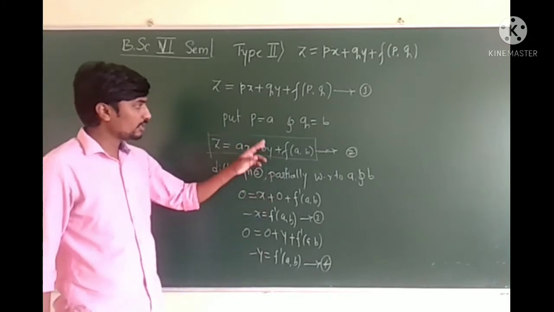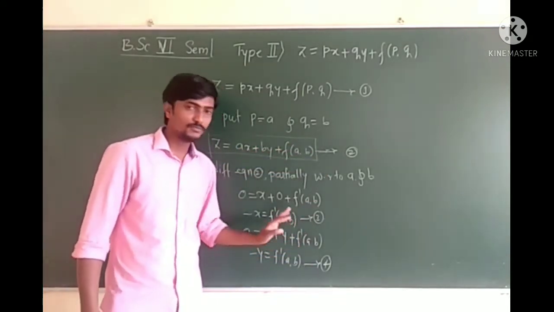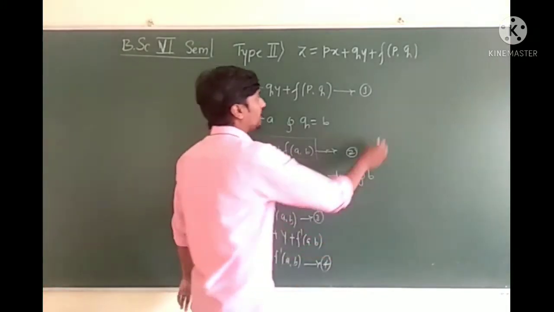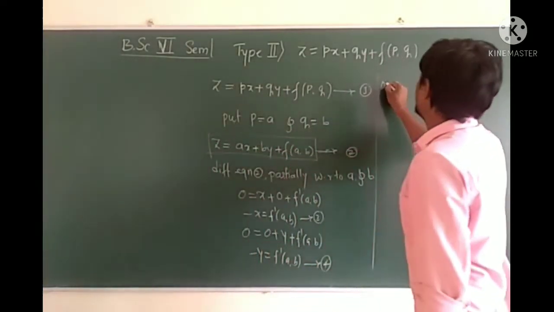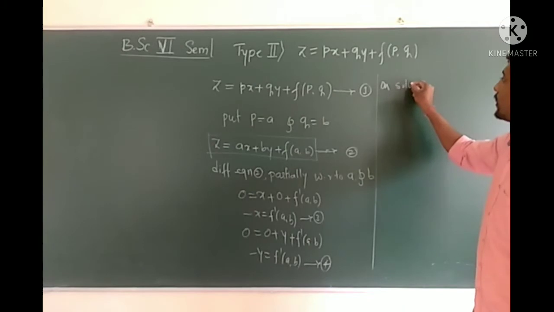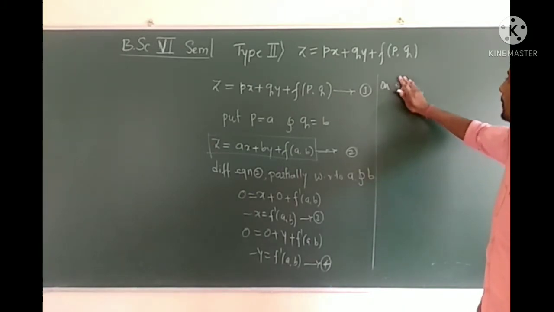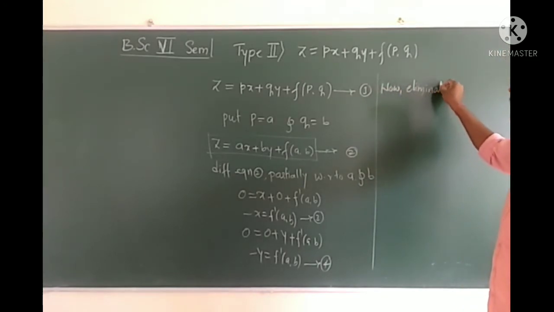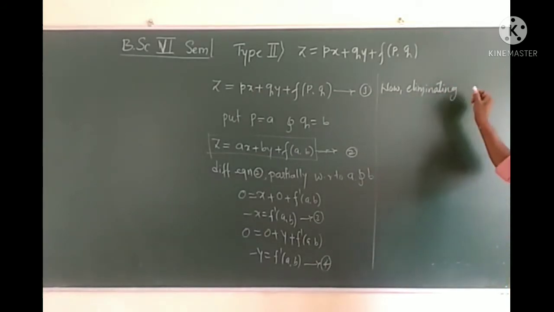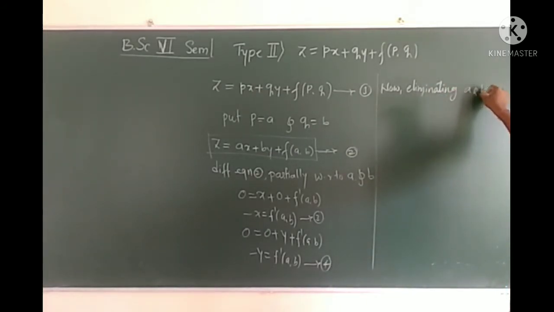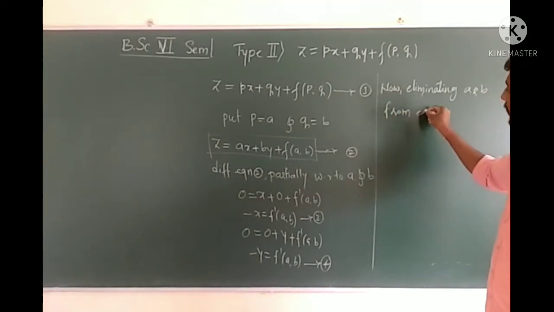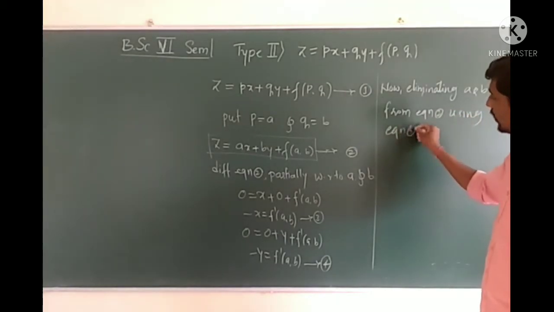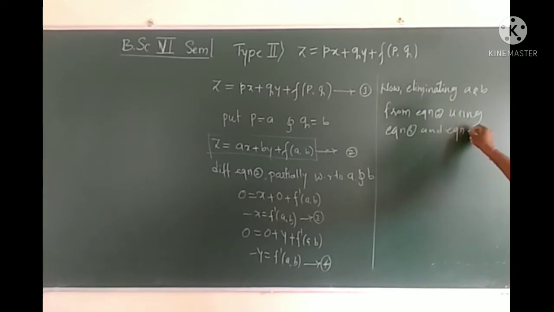So if you use equation 2, equation 3 and equation 4 and replace the values of a and b, then on solving, eliminating a and b from equation 2 using equation 3 and equation 4.